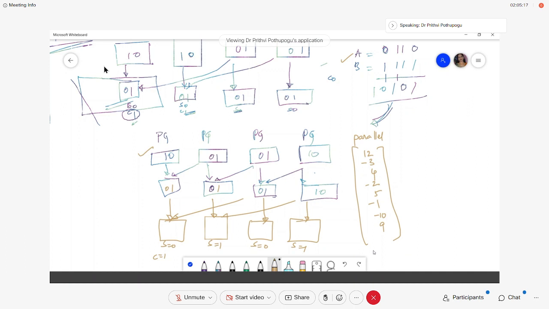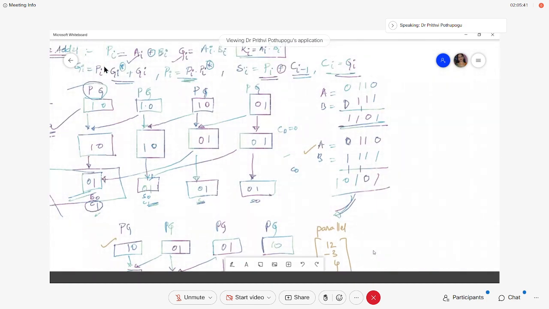Ma'am, I have a question. Your voice was breaking, Meghna. Ma'am, I have a question. Yeah, tell. How do we determine the carry bits in this Kogge-Stone adder?